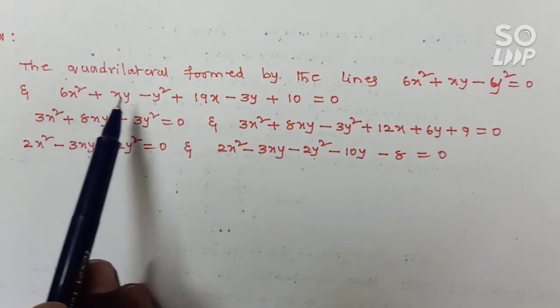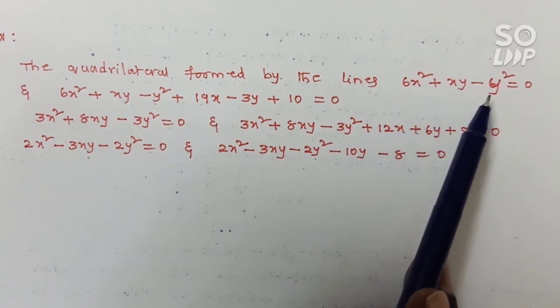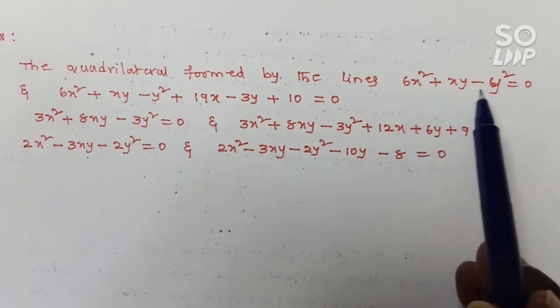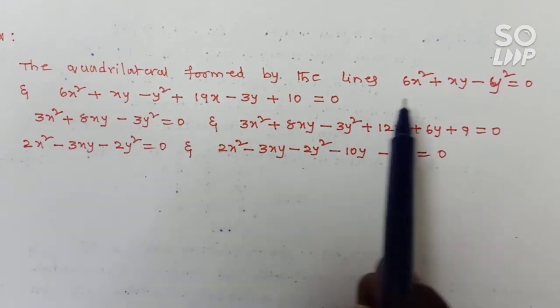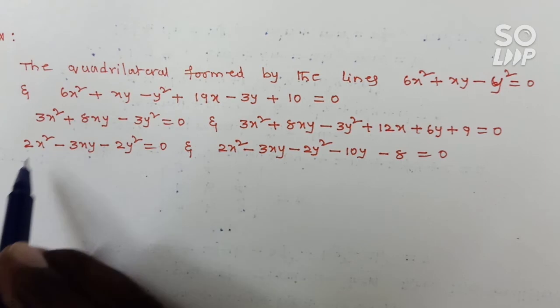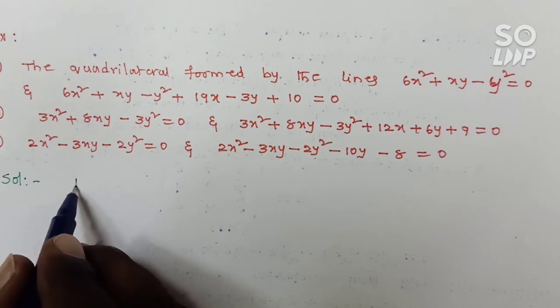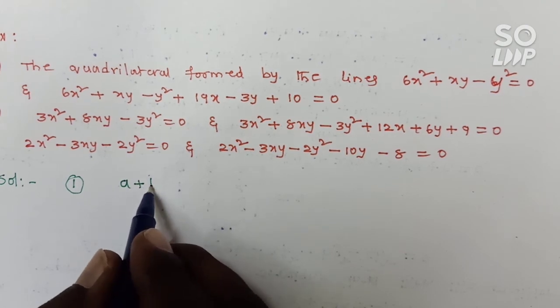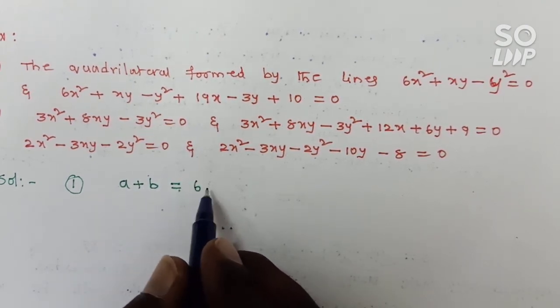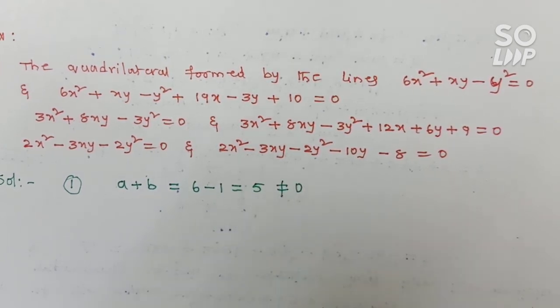Say the quadrilateral formed by the lines 6x square plus xy minus y square. Here the homogeneous part is the same in the non-homogeneous equation. Solution of the first question: in this one, a plus b is equal to 6 minus 1, that is 5, which is not equal to 0.